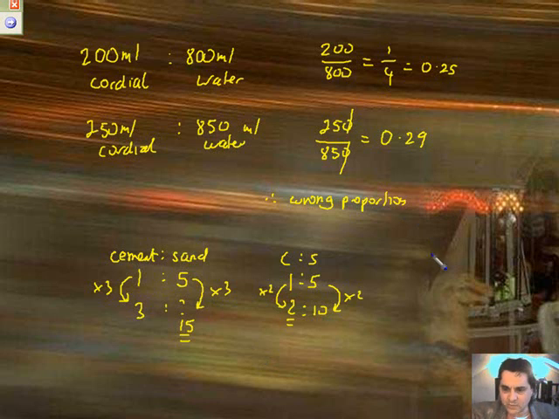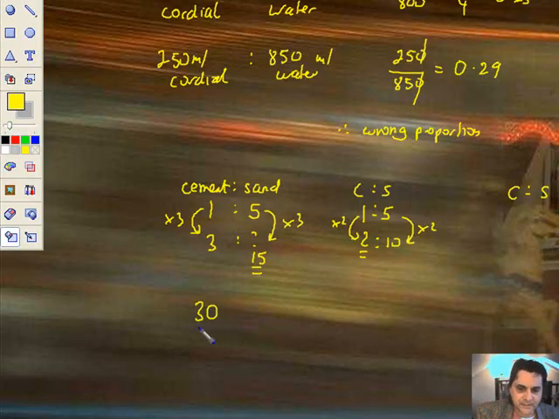And here's the last one involving cement and sand. It says, how many buckets of cement and sand does he need to make 30 buckets of mortar? Alright, so here we go. I've got 30 buckets. I need to divide that by 6 portions, because 1 plus 5 is 6, and that gives me 5 parts.